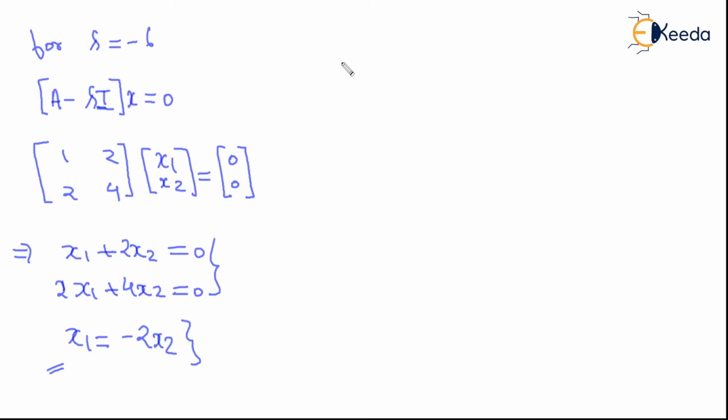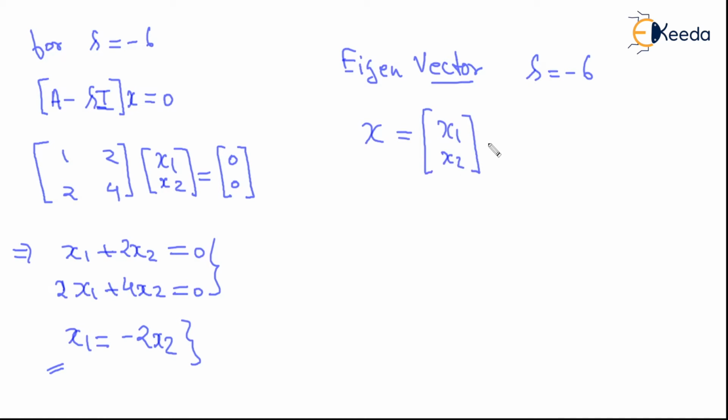So the eigenvector for lambda equal to -6 will be nothing but, let's say, x equal to [-2x2, x2], and of course we can take it out.